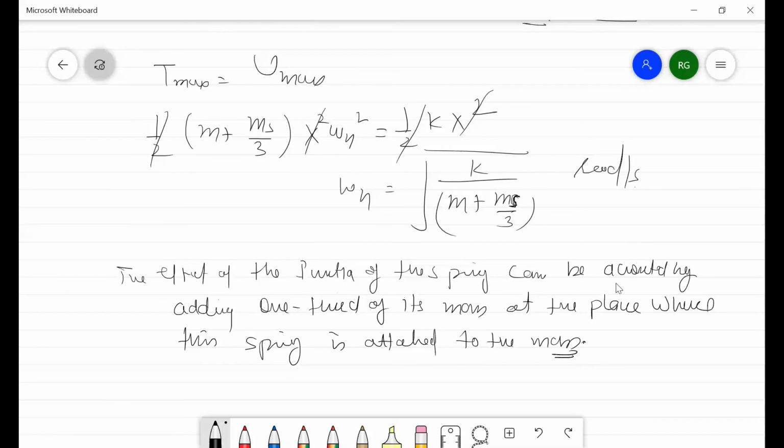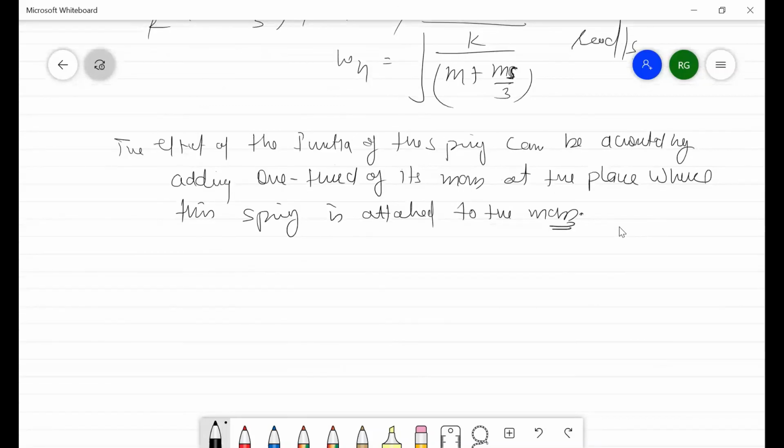So now we can say if we attach a mass equal to 1/3 of the mass of the spring, so this is the spring K and the spring mass is ms, so if we attach ms by 3 mass at this place, then this system will have the same frequency as the system where the inertia of the spring is considered.